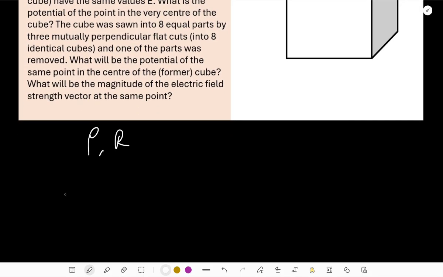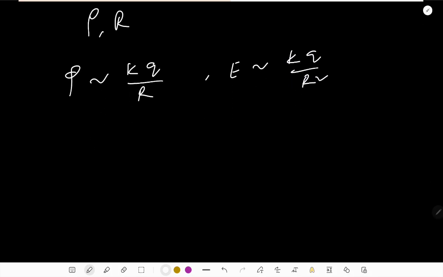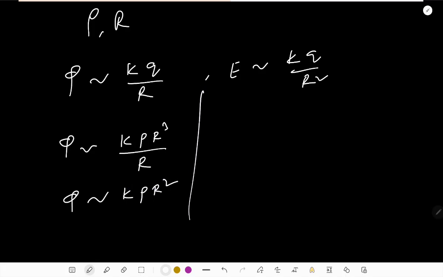So that the potential we can write here will be proportional to kq by r, and electric field will be proportional to kq by r square, which in turn we could write: potential is proportional to k rho r cube by r, and this thing turns out to be k rho r square.